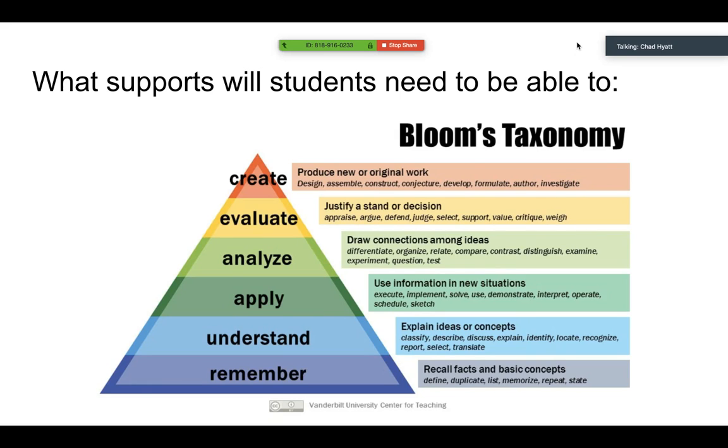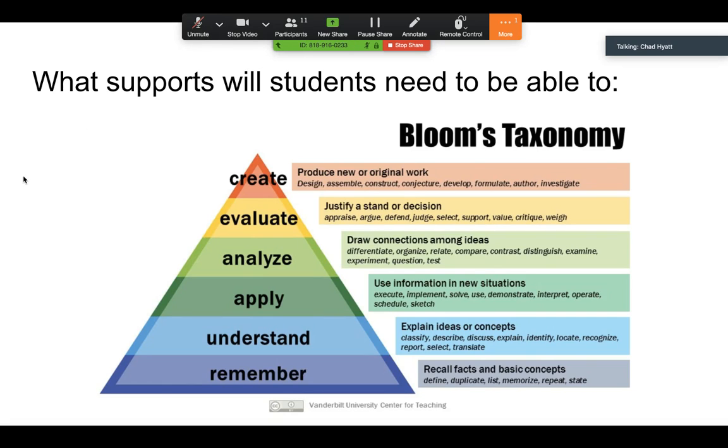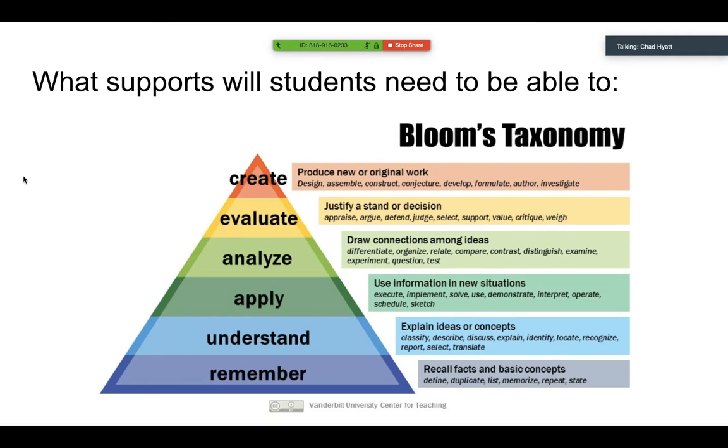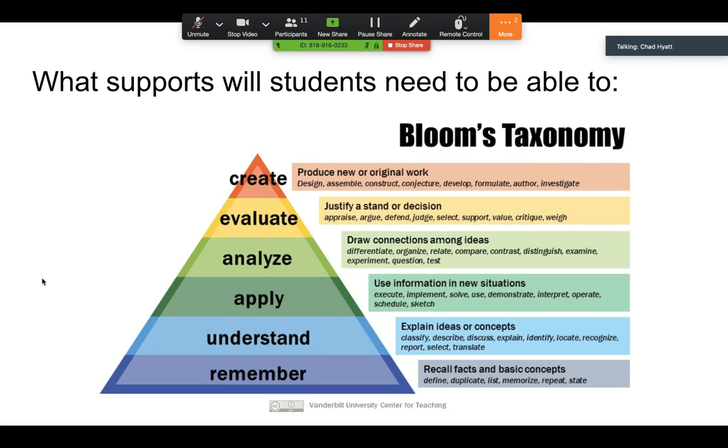When I get to understanding from a Bloom's level, am I wanting kids to be able to explain things? This is where sentence starters or frames would be very beneficial in helping kids start to formulate that ability to offer those explanations.